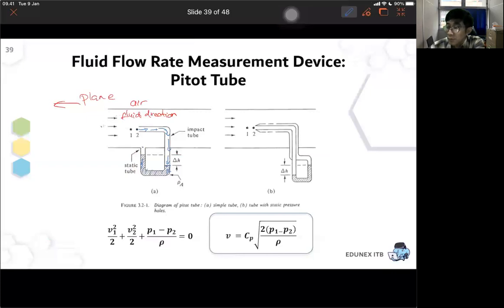So this here represents the velocity at point 1, and it will also represent the pressure at point 1, because all are connected to the open air, right?